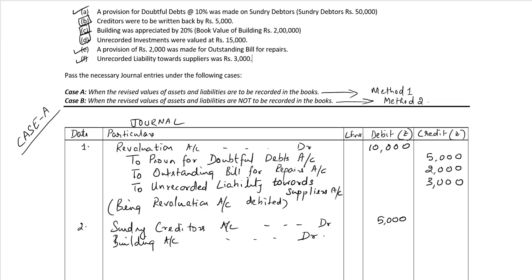20% on the book value, which is rupees 2 lakh, comes up to rupees 40,000. And investments account debit, 15,000 rupees, to revaluation account, total 60,000 rupees.